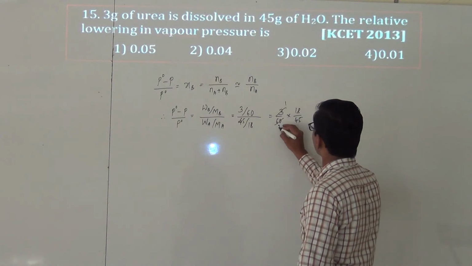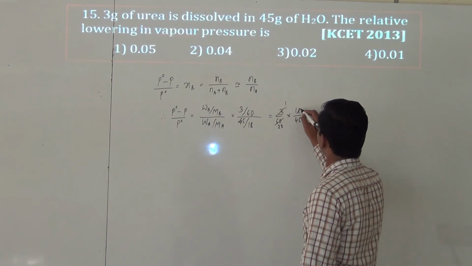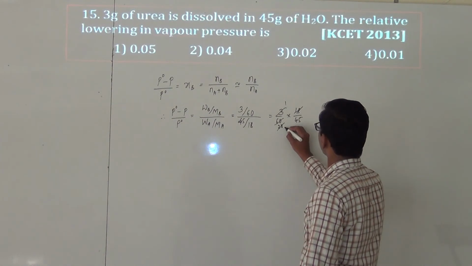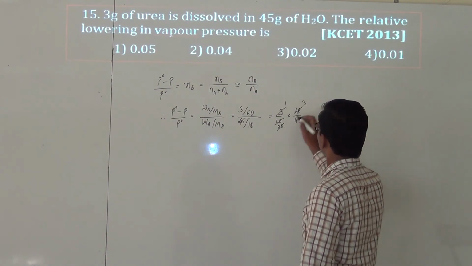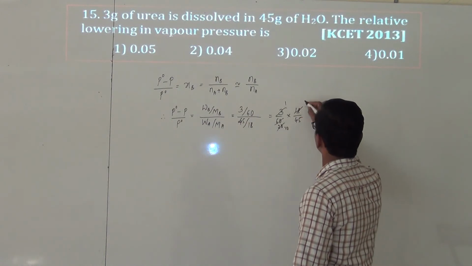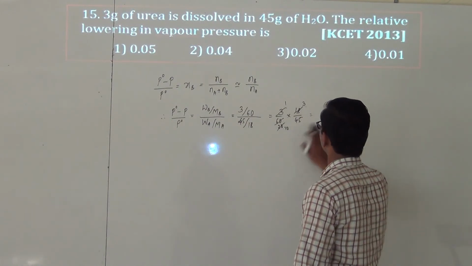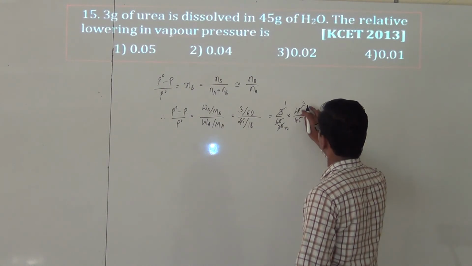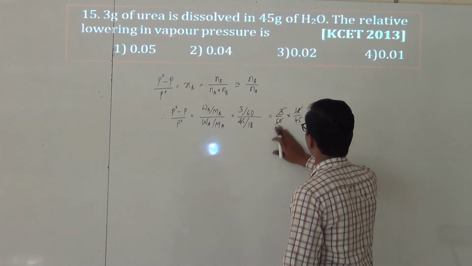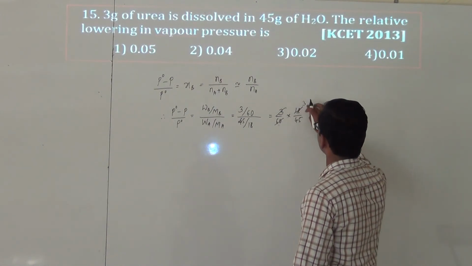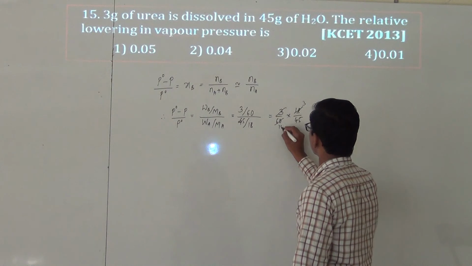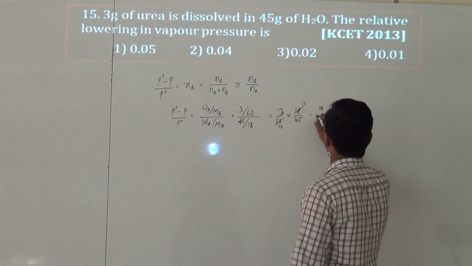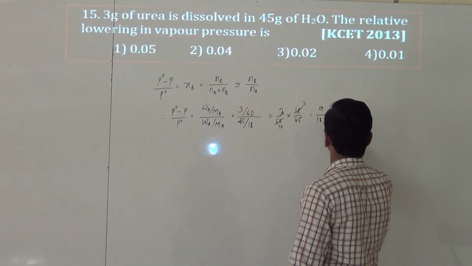Simplifying, 3 into 3 is 9, by 10 into 45.